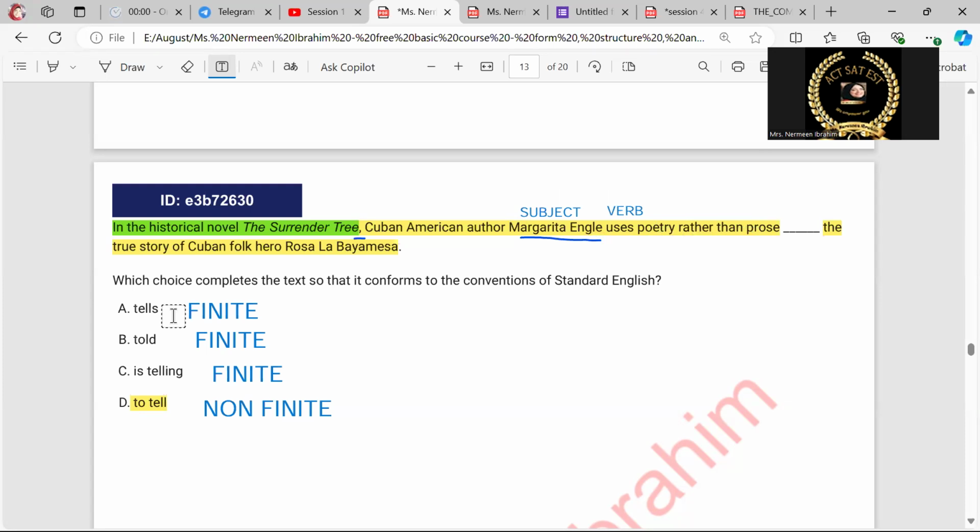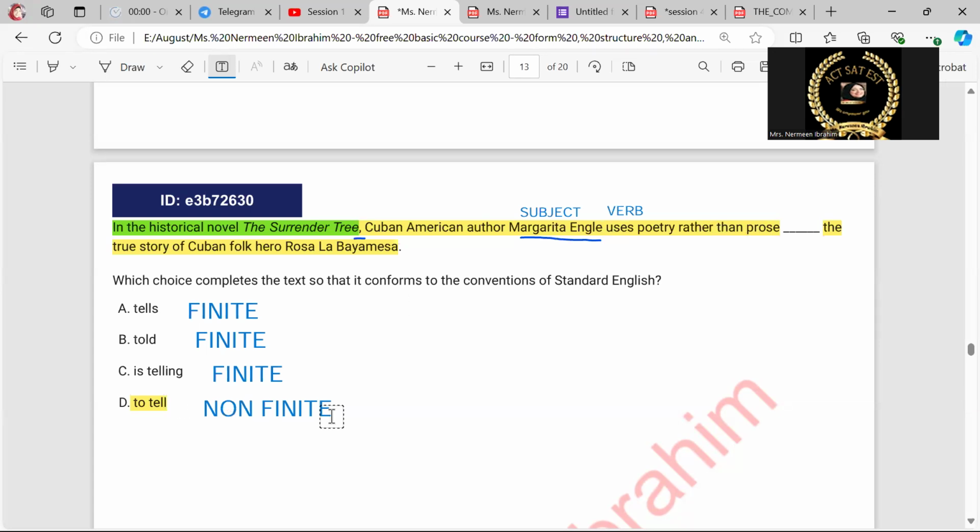Do I need a main verb? Because all of these finite forms are main verbs, they need a subject. Do you find a subject for them here? No. She uses poetry, not prose, to tell.